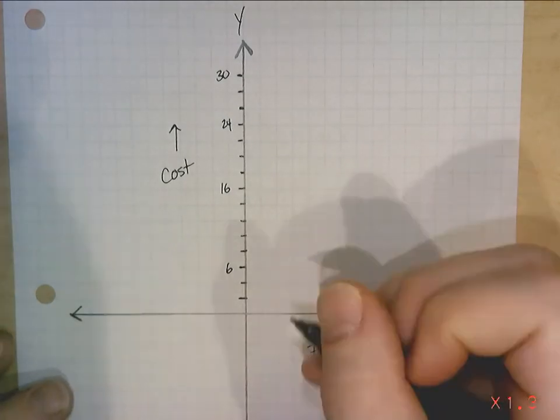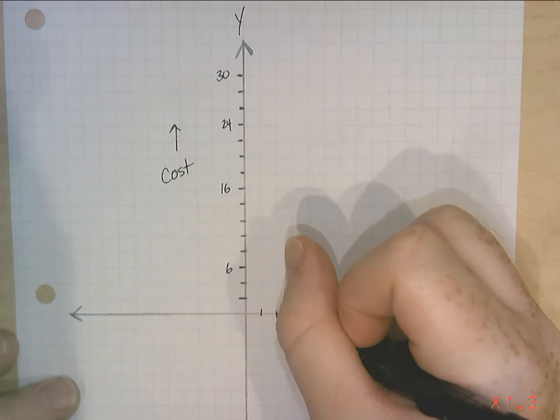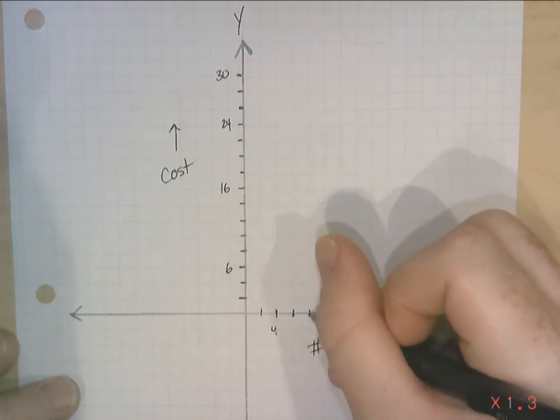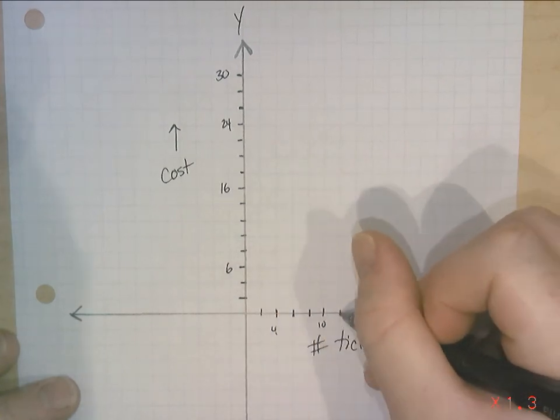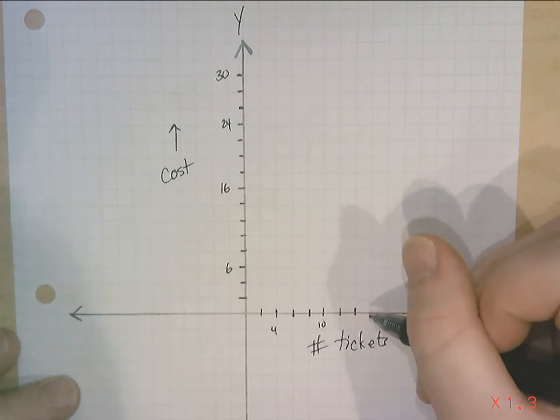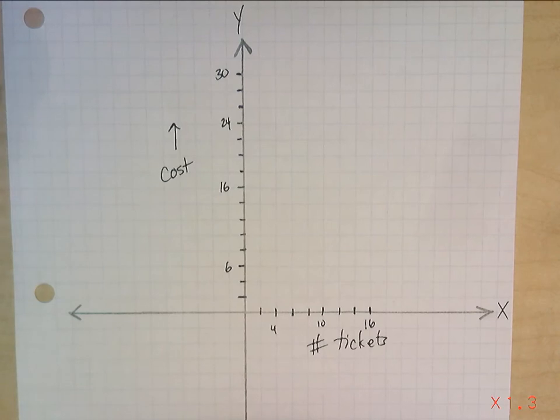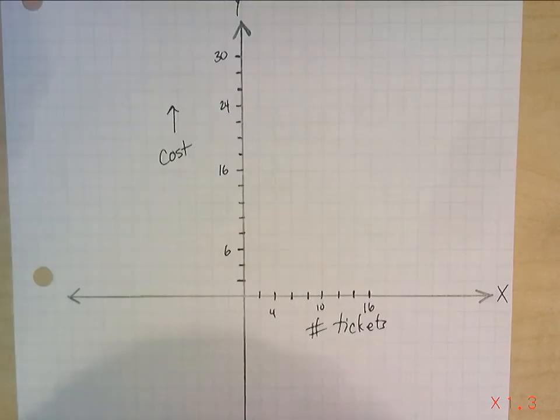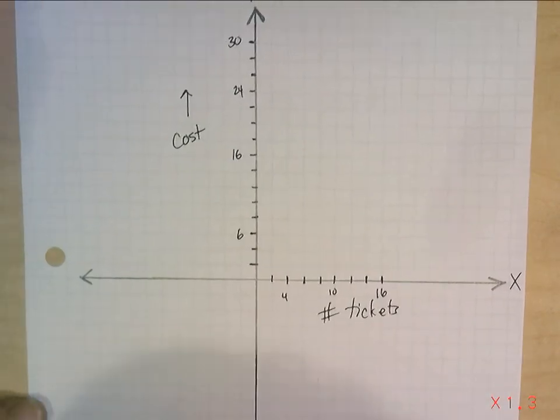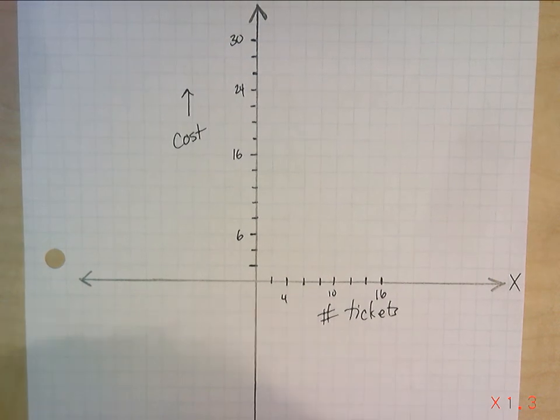And the number of tickets, we can do 2, 4, 6, 8, 10, 12, 14, 16. Of course, we don't have that many tickets. We only have up to 12 tickets was our most here, so this is probably overkill there. But anyways, you're just going to graph it.